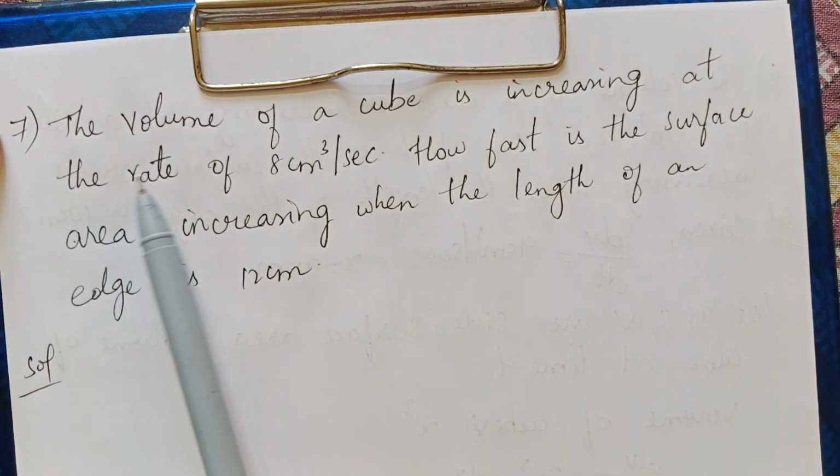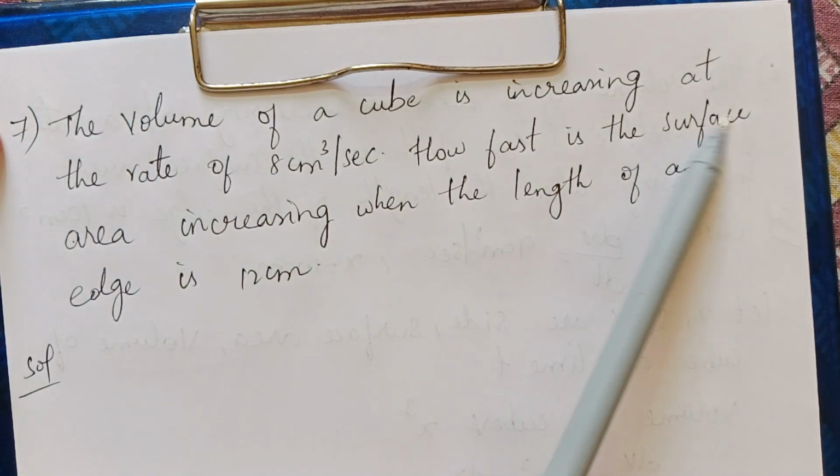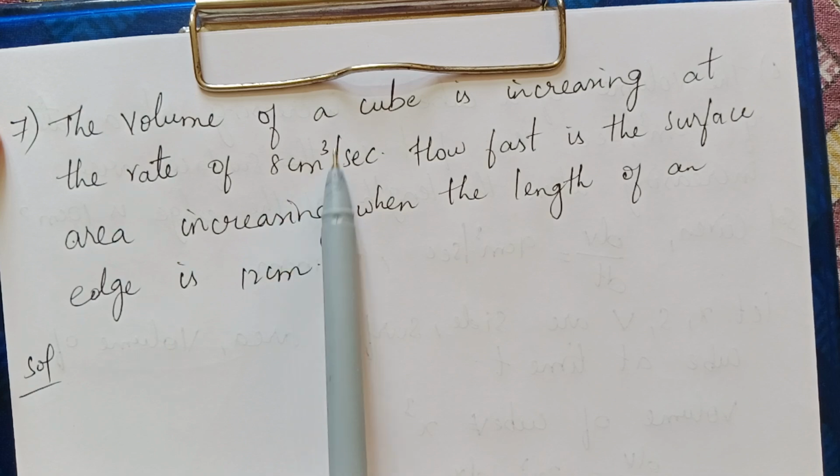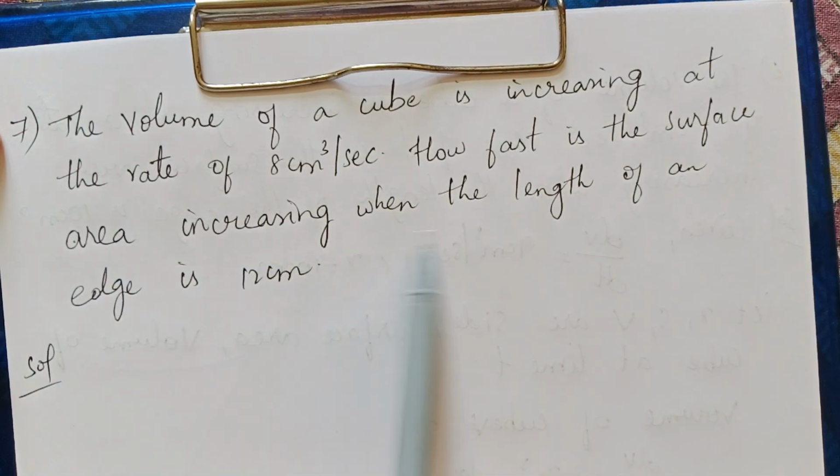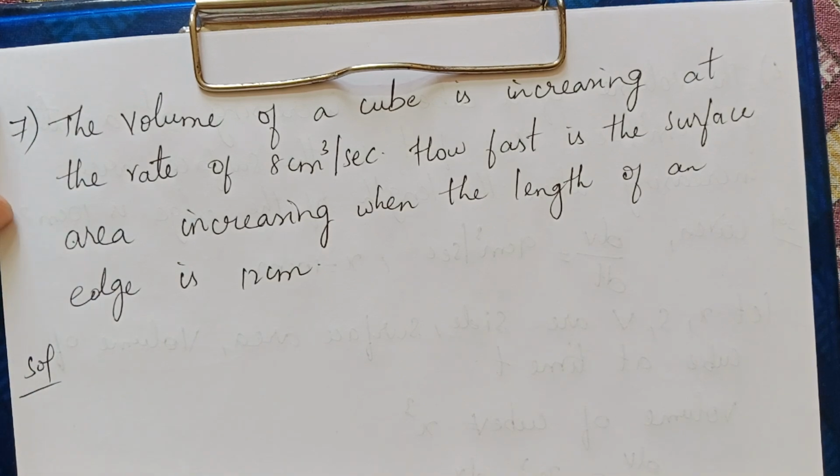Seventh question is the volume of a cube is increasing at the rate of 8 centimeter cube per second. How fast is the surface area increasing when the length of an edge is 12 centimeter? This problem is the same as we did in the last question.